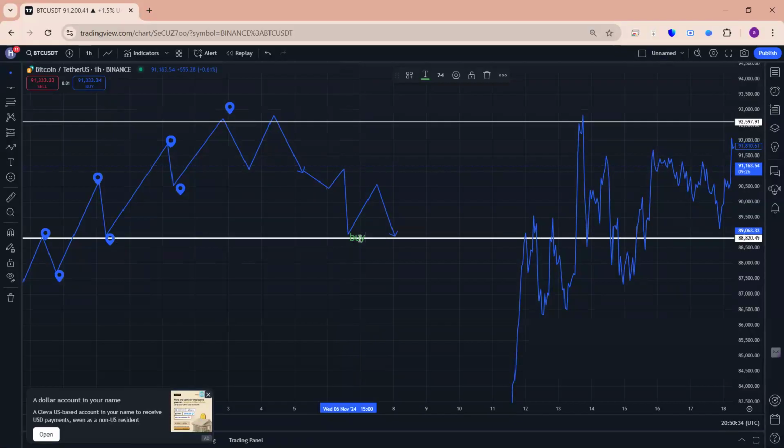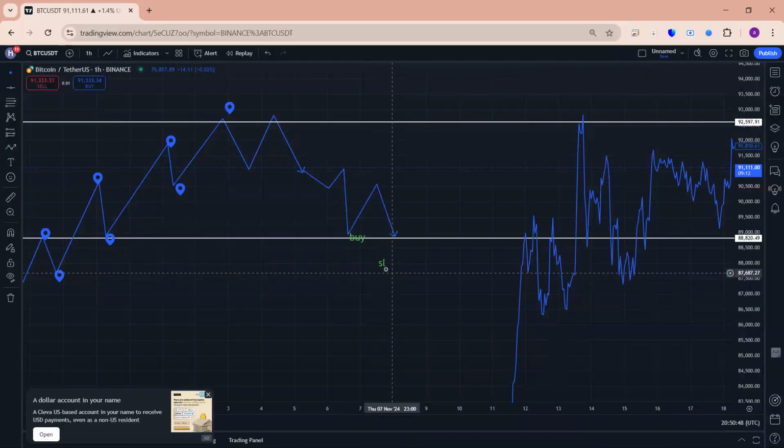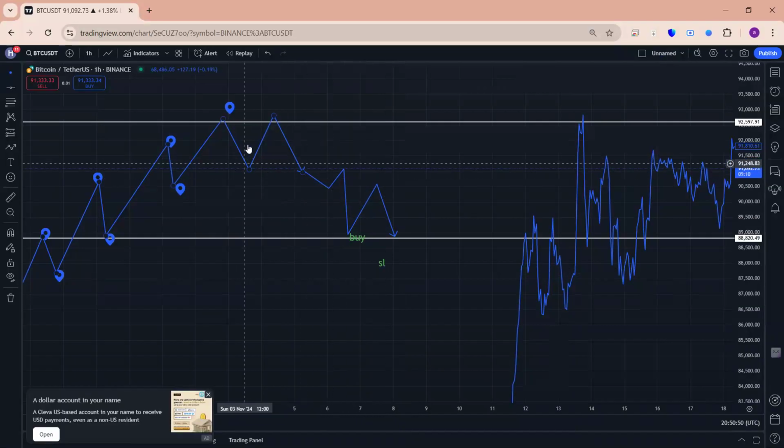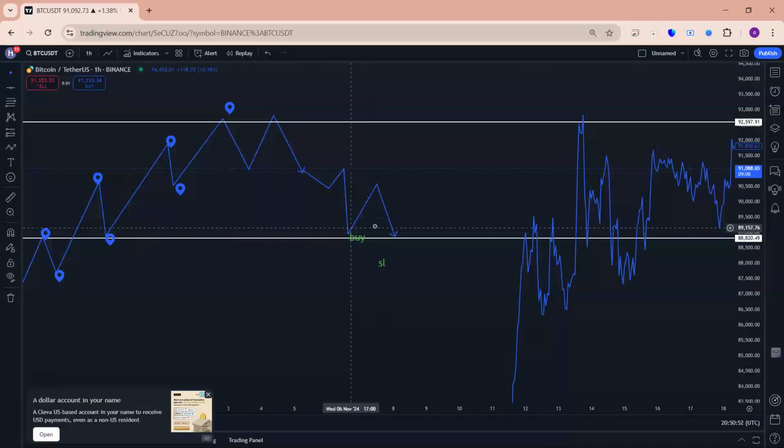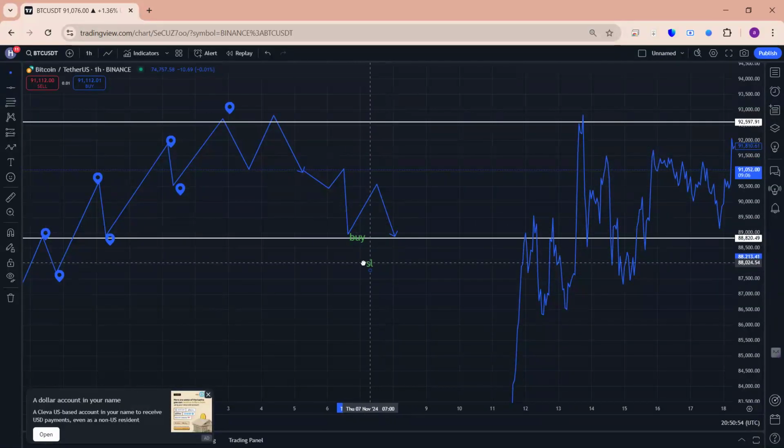You place your buy at this level because you believe that the market will get to this level. And what do you do next? You place your stop loss below this level, SL. Because you know that from the onset the market never breaks below this support level, you will want to place your stop loss at this level.